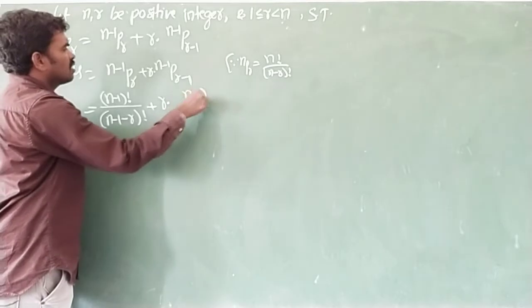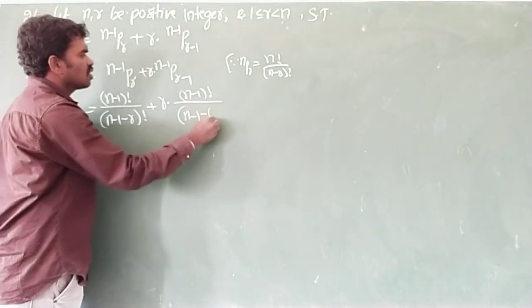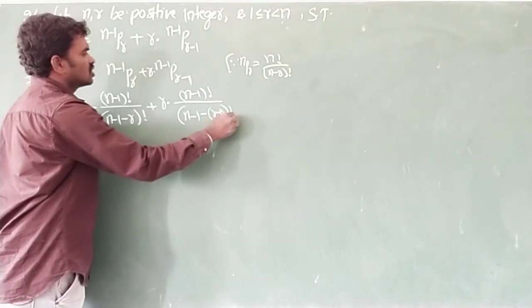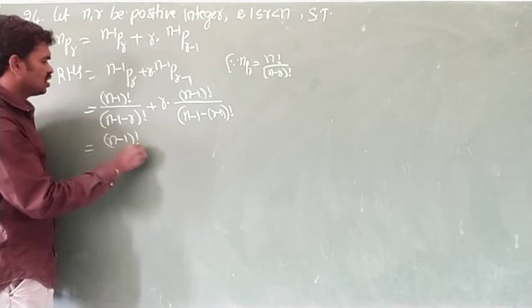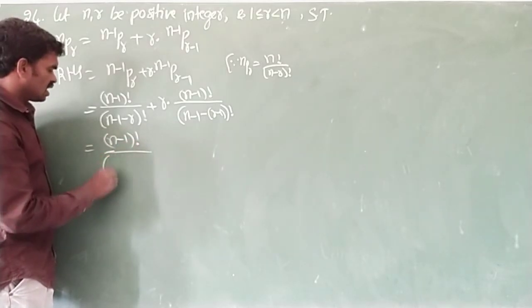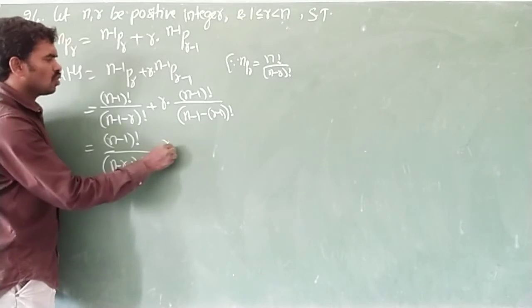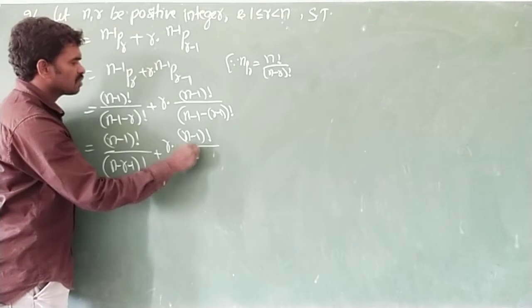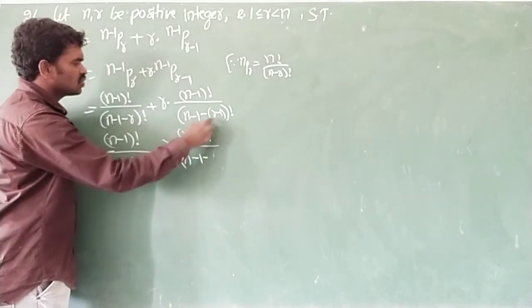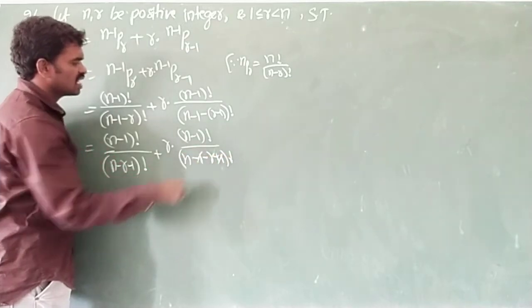Here also we can write (n-1) factorial by (n-1-(r-1)) factorial. So simplify this. (n-1) factorial by (n-r-1) factorial, in order, into r into (n-1) factorial by (n-1-r+1) factorial. See, plus 1 minus 1 cancel.